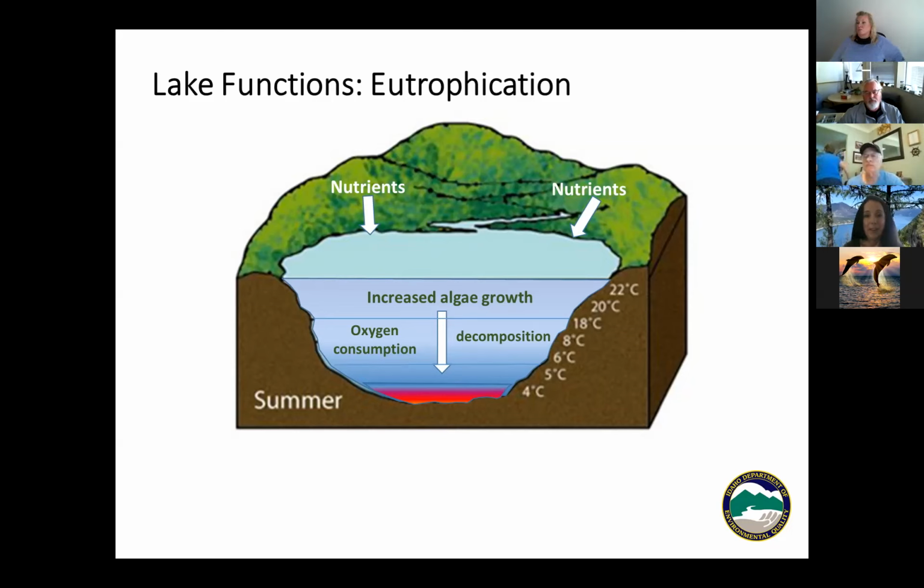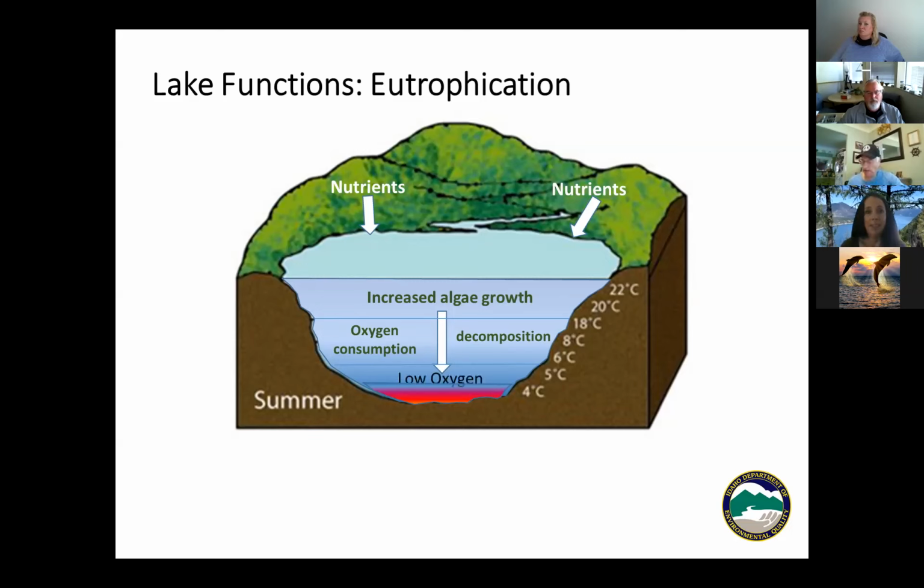So if you have that stratification, where you have that epilimnion and the thermocline and the hypolimnion, and you don't have the wave and wind action to reintroduce oxygen into the water column, then you get an oxygen depletion. And most often it's the worst at the very bottom, or the hypolimnion of the lake. And so that's represented by that red region at the bottom, or the hypolimnion.